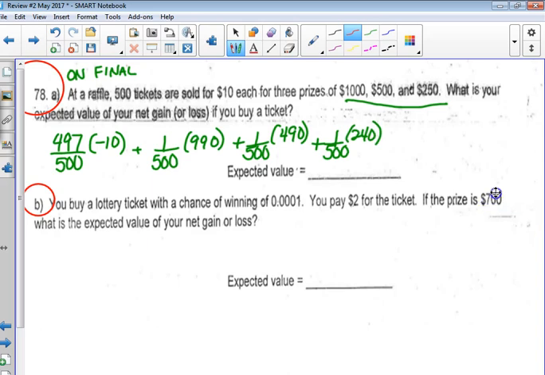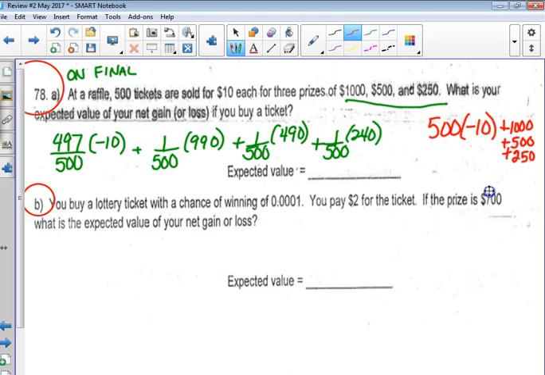We discussed that for these ticket questions, you could just pretend you bought all the tickets. So if I bought 500 tickets at $10 a piece, I'm in the hole $5,000. I'm going to win back a $1,000 prize, a $500 prize, and a $250 prize.